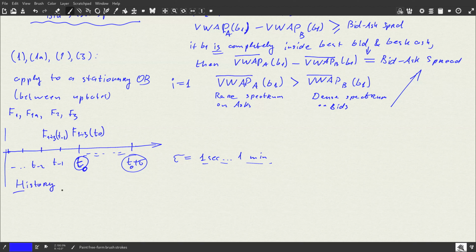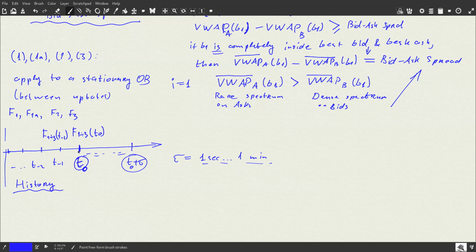How deep this history is going to be will be found by our computational experiments, but most likely we should not restrict ourselves with only the features available right now at t0.